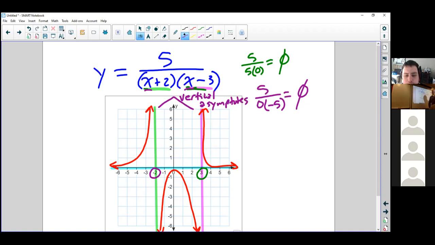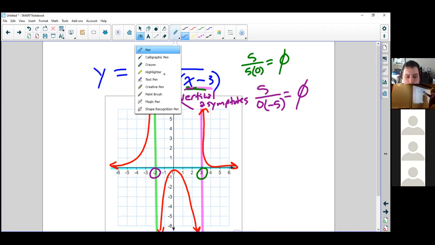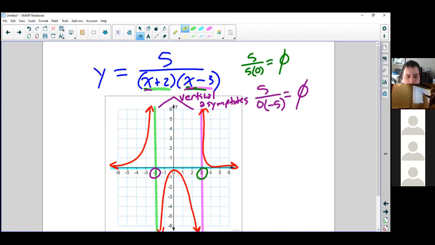Okay, vertical asymptote, we will approach it. So what's happening is, on this portion of the line right here, let's highlight this region here. As I travel along this line this way in the x direction, I'm getting closer and closer and closer to -2.